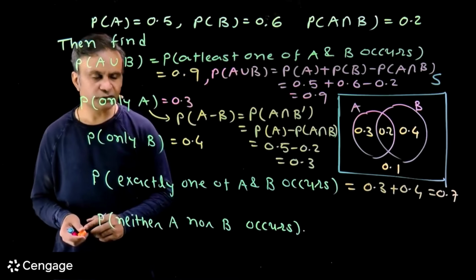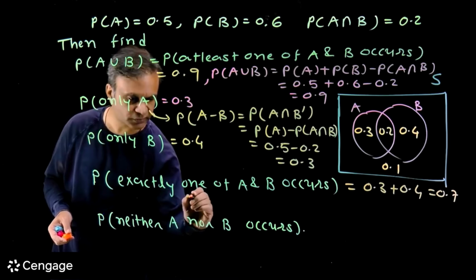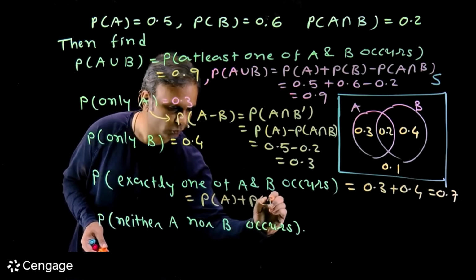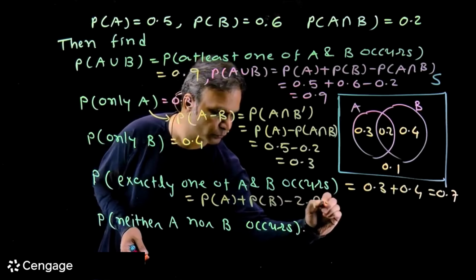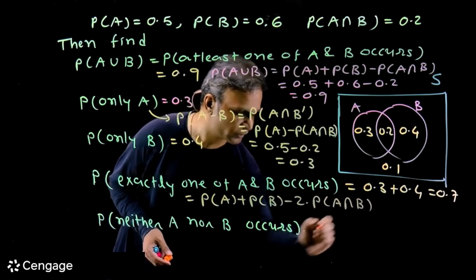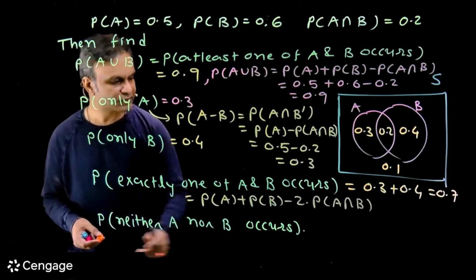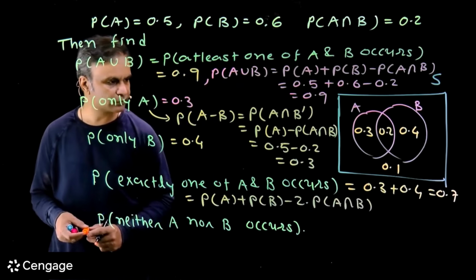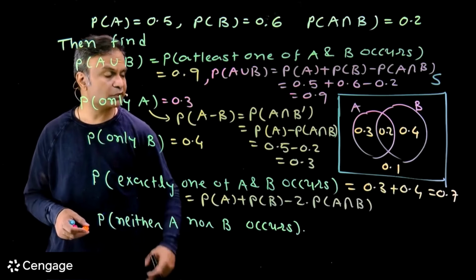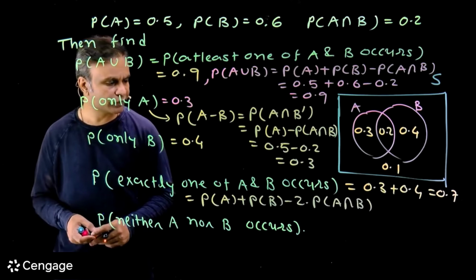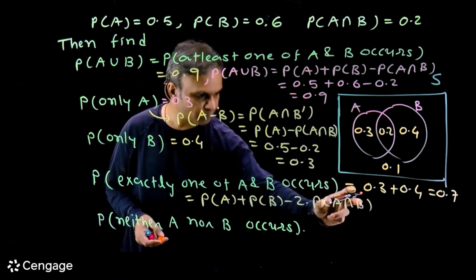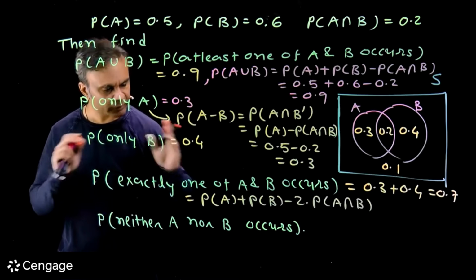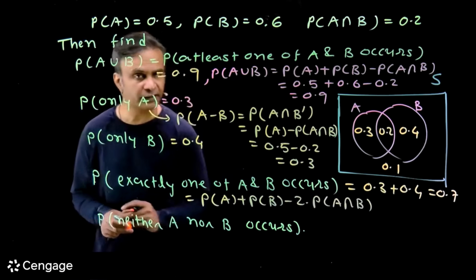And using concepts of set theory, this is equal to probability of A plus probability of B minus 2 times probability of A intersection B. Why are we subtracting 2 times probability of A intersection B? Because A intersection B is a part of set A as well as part of set B. So we have to exclude this probability 2 times. हमें इस A and B की दोनों की probability में से ये probability को minus करना पड़ेगा.